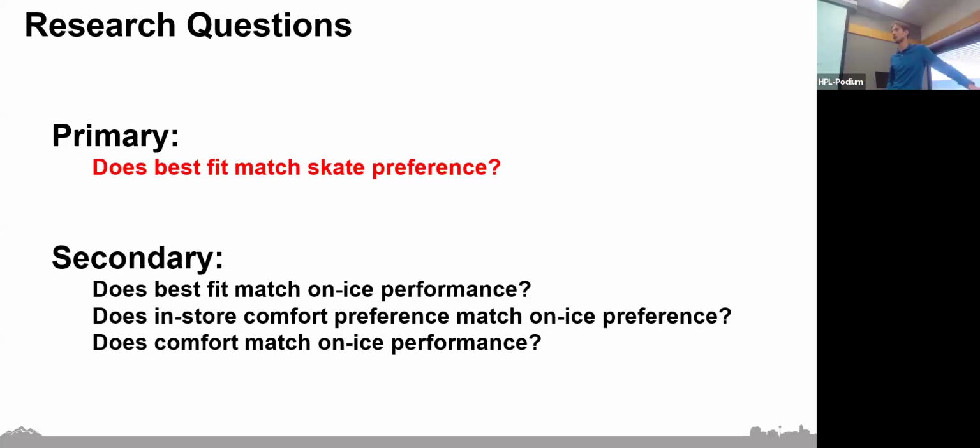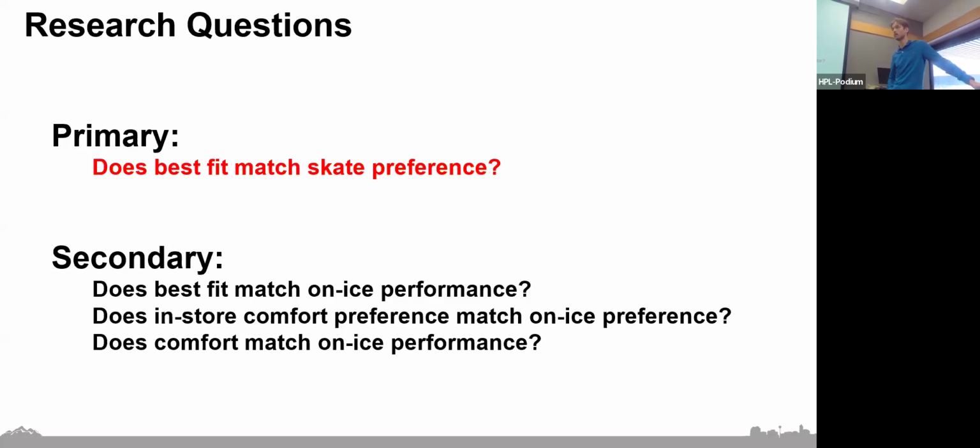Yeah, I see what you're saying. Everybody's going to have their own preferences, but I want to know that, because that's how an individual will go and buy skates. It's maybe not the most scientific question, but CCM as a business wants people to buy their skates, and so we want to know how people select them. When they try on multiple fits, we want to know what measures correlate well with their eventual selection.